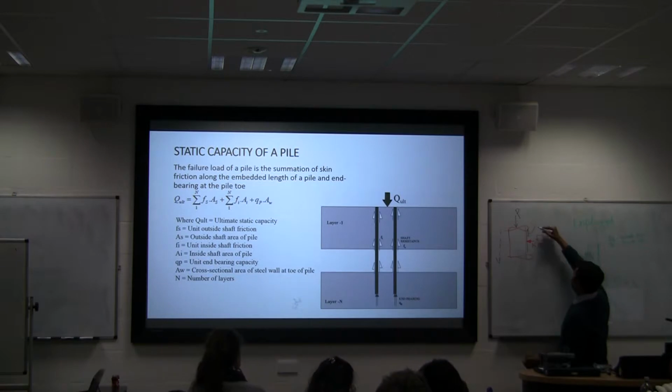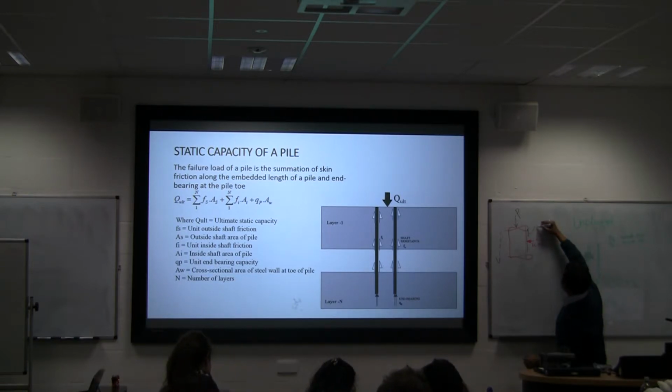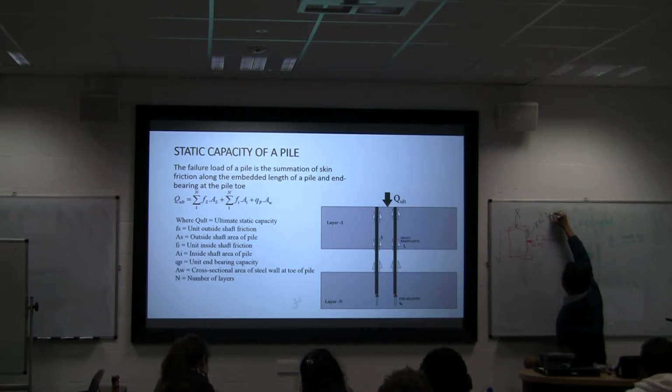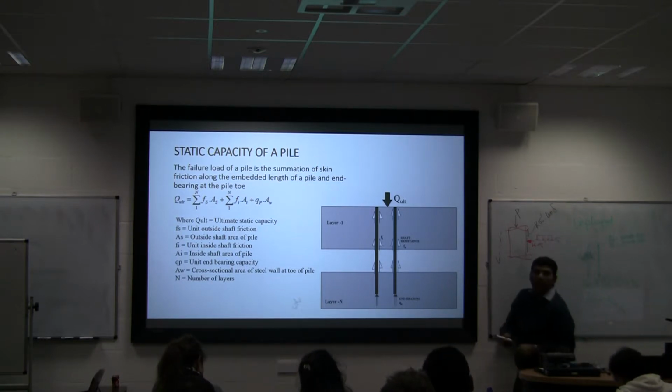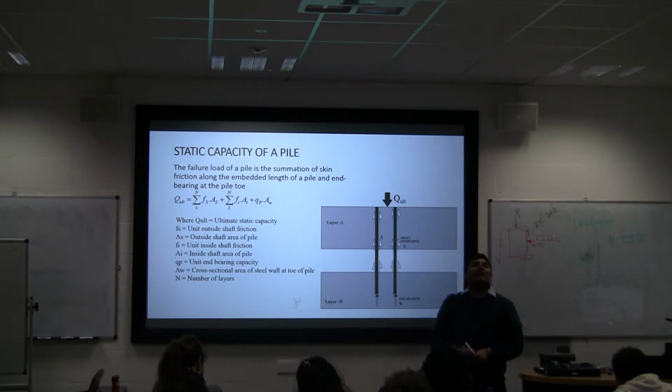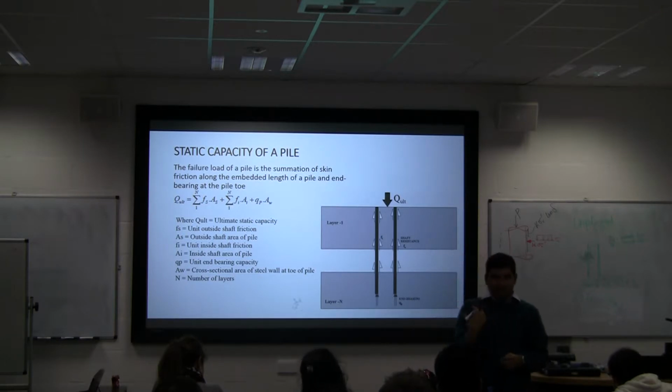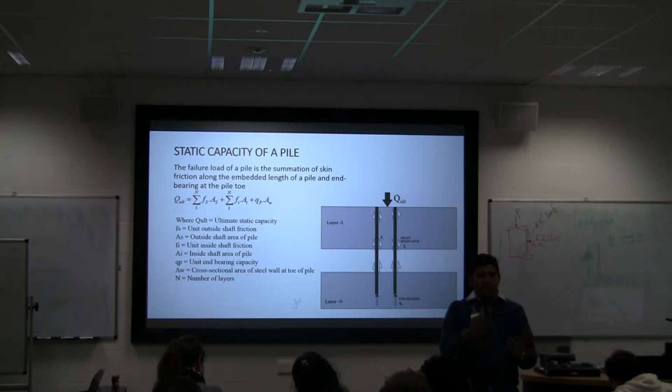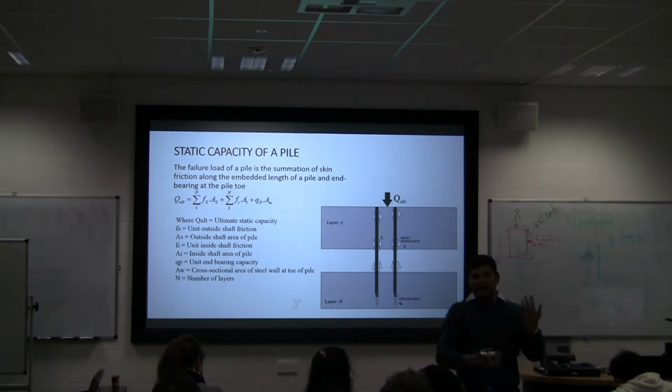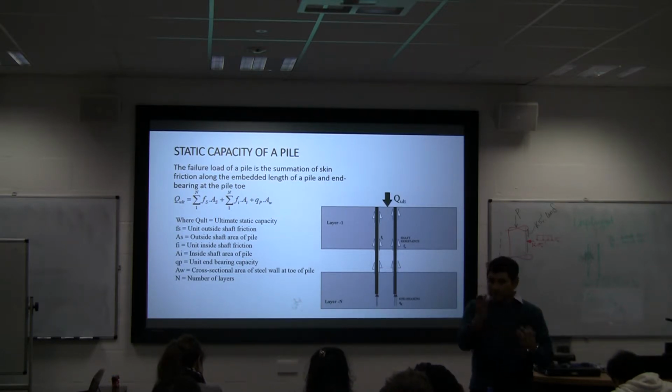You convert this by K times sigma V dash times tan of delta, where delta is the angle of friction between the pile material and the soil around it. It depends on whether it is steel with sand, steel with clay, what type.